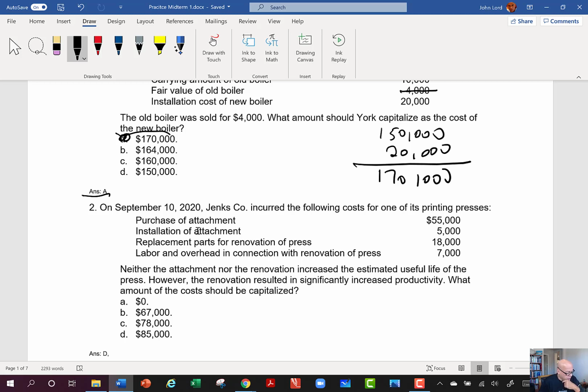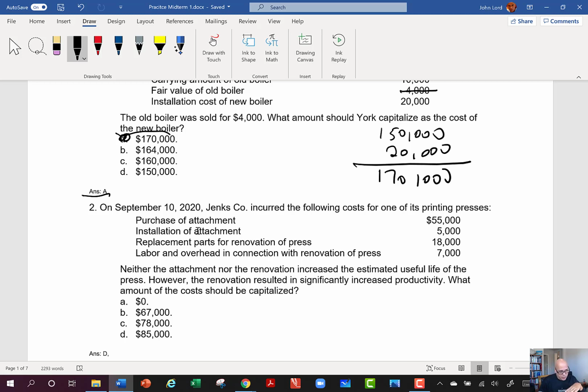Okay, good. Number 2, on September 10th, 2020, Jenkins Company incurred the following costs for one of its printing presses. Neither the attachment nor the renovation increased the estimated useful life of the press. However, the renovation resulted in successfully increasing productivity. What amount of cost should be capitalized?